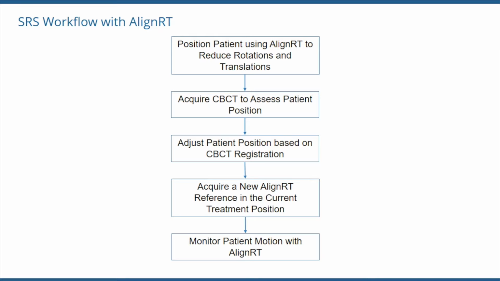The patient's position would be corrected by implementing the moves from the CBCT registration. After the moves are implemented, a new reference capture is acquired with AlignRT, which tells AlignRT that this is my new treatment position. All delta values will now or should read 0. Treatment delivery can begin, and if the patient moves outside of tolerance, the beam will terminate and the treatment position can be corrected or assessed.